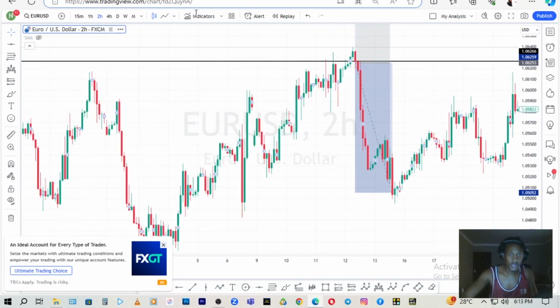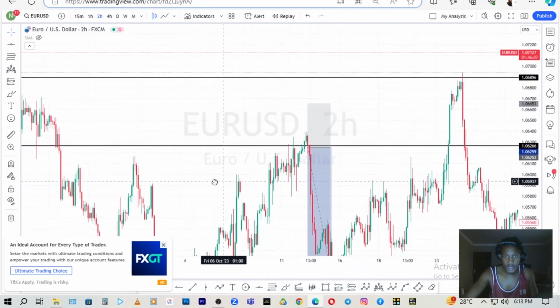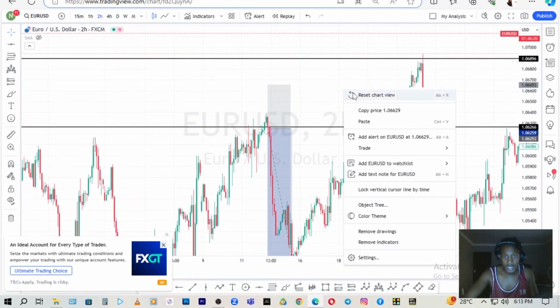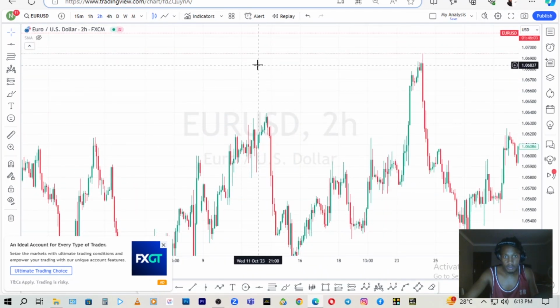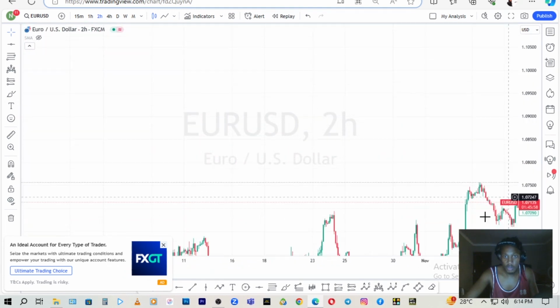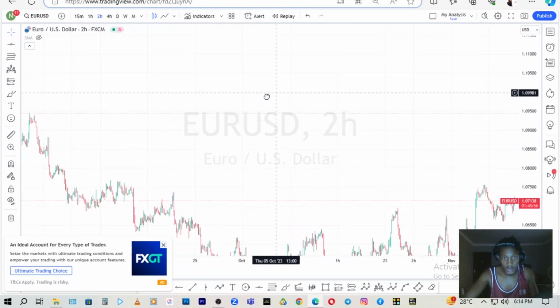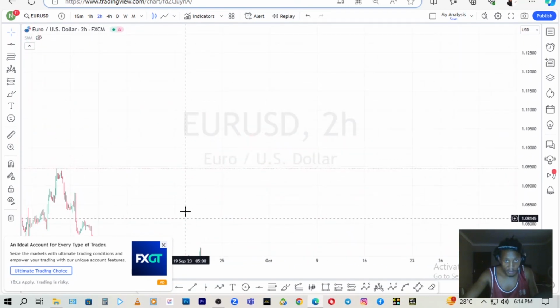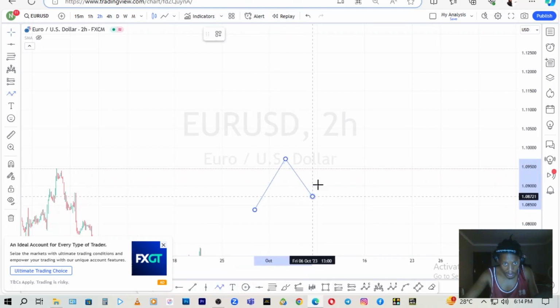Overall, let me just give you a simple way to trade this strategy, the entry to these zones. Let me just draw something like this. So it's something like this.